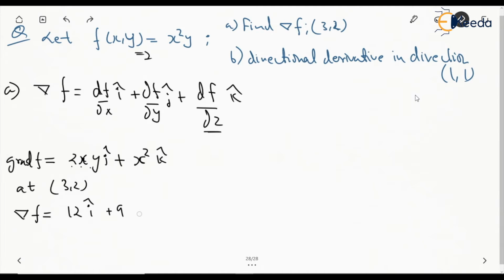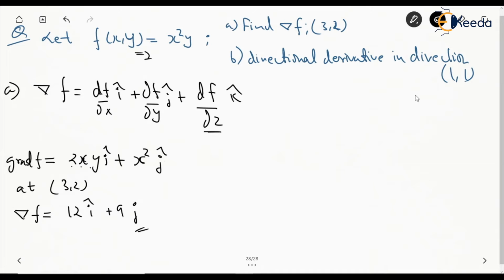So we are finding this at 3 comma 2 and this is the value we are getting.